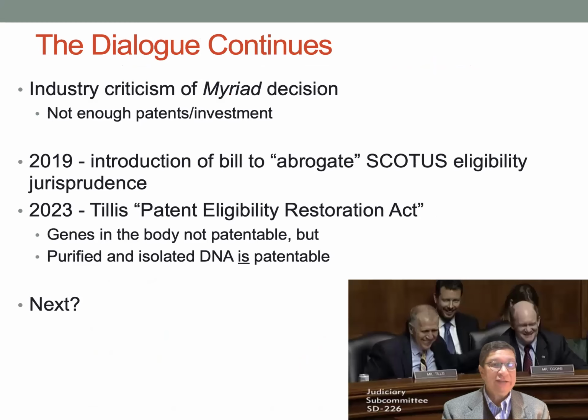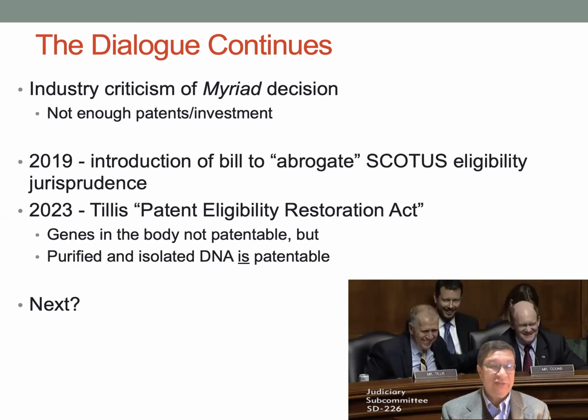Now, this all being said, the debate is not over. Even though the Myriad decision this year is 10 years old, it's been subject to continual criticism, and periodically bills have been introduced in the US Congress to try to reverse the decision.